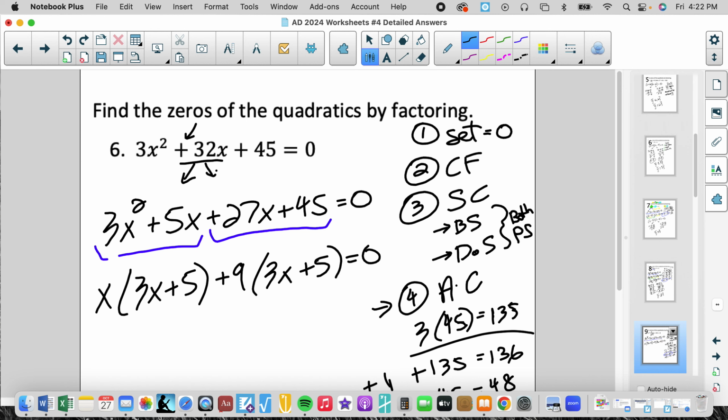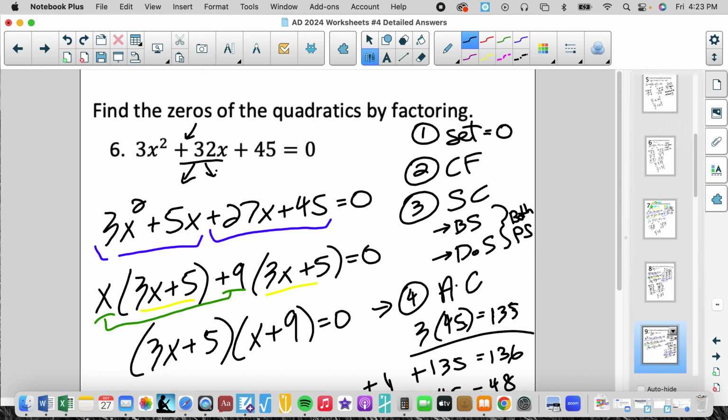Did I do it right? Yep, these are the same. Those have to be identical. So we'll pull out the 3x plus 5, and what does it leave us with? x plus 9.